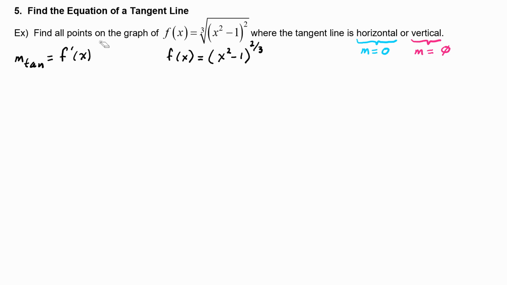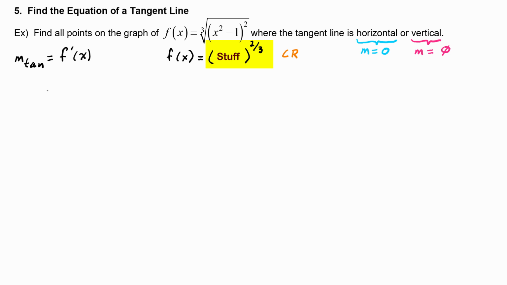So then to find the derivative of that, we have a composite function, so we know that we're going to use the chain rule. So f is that we have stuff to the 2/3 power.